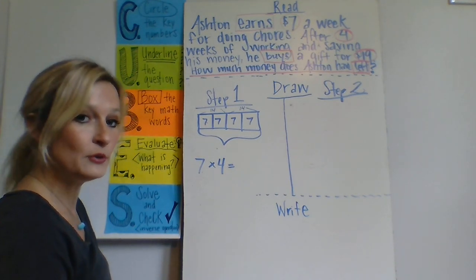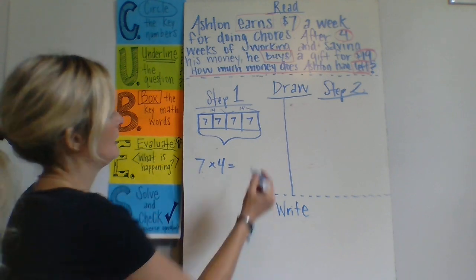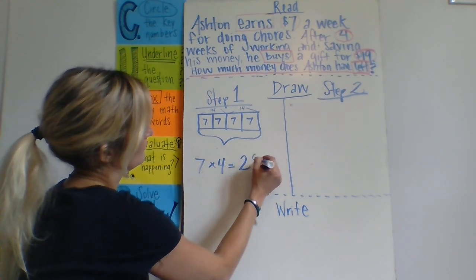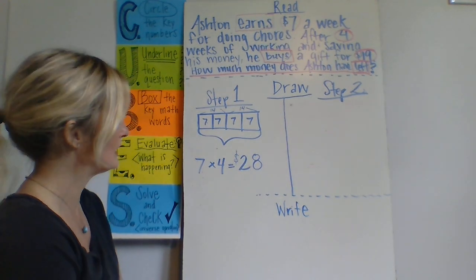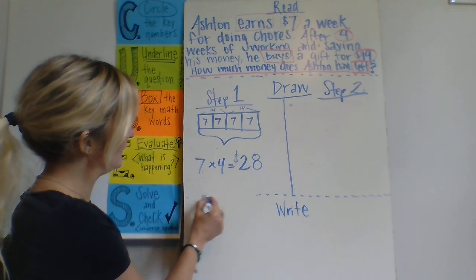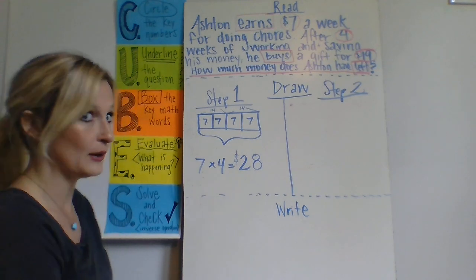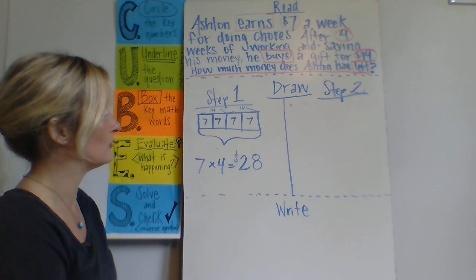You could count by 4s, you can count by 7s. The answer is 28. So we have $28 that Ashton has earned. But are we finished? No. We still have step 2.